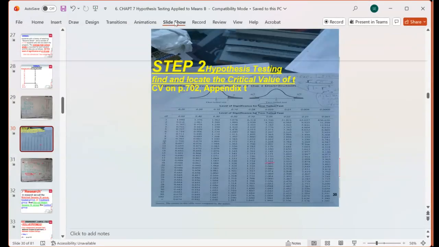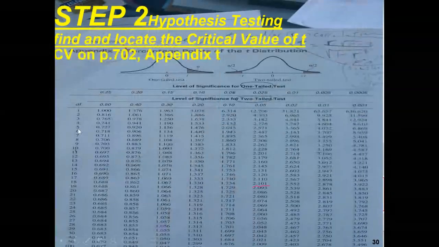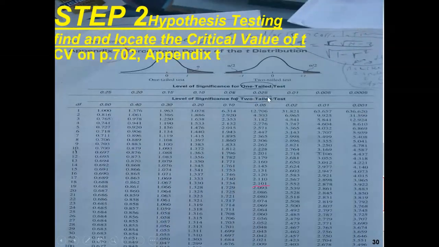Let me make it a larger slide. Degrees of freedom is 18, the first column, and then the second row, two-tail, look at 0.05, right there where I underlined. 2.101 is our critical value.